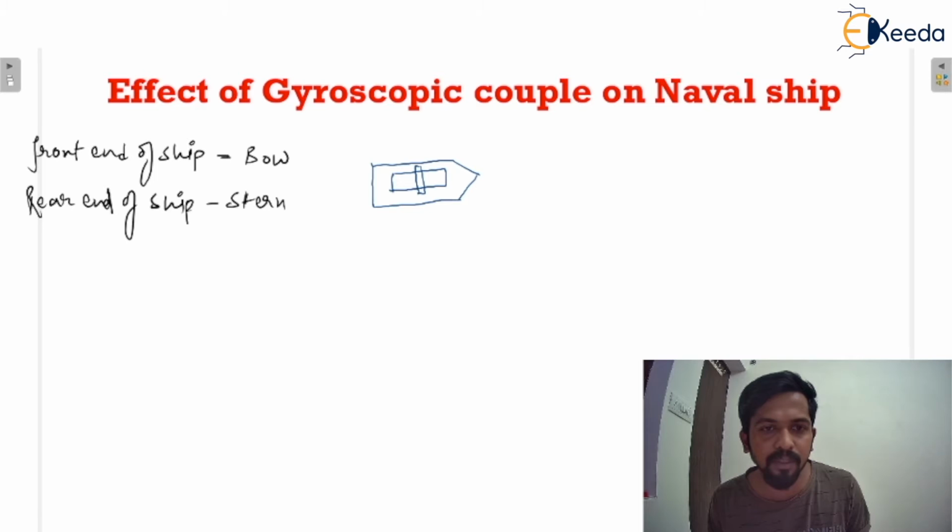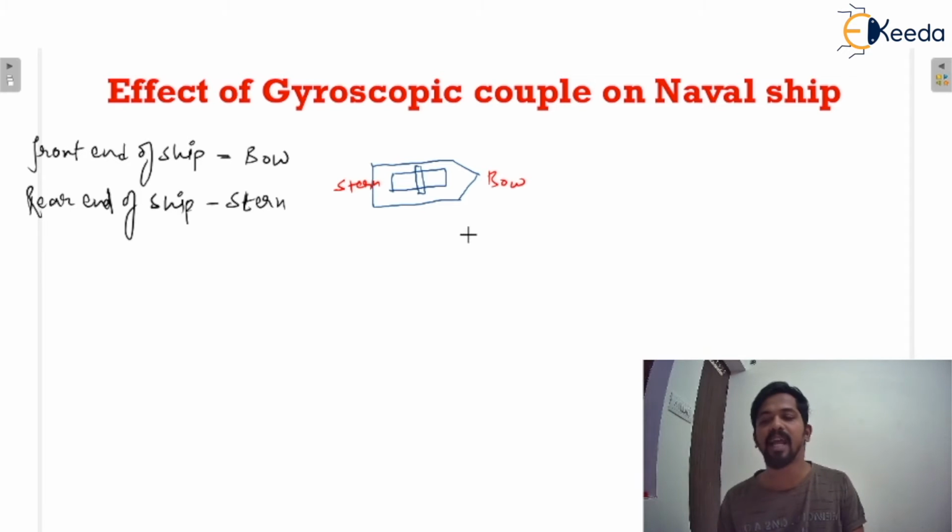Sometimes directly in the exam, they will ask you the name of the front end and the rear end of the ship. So you need to know that this is stern, and the front end is bow.